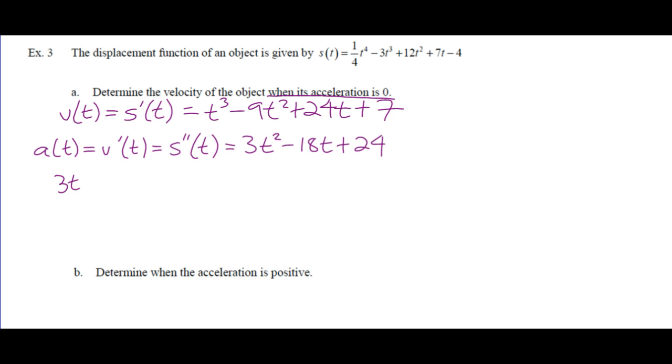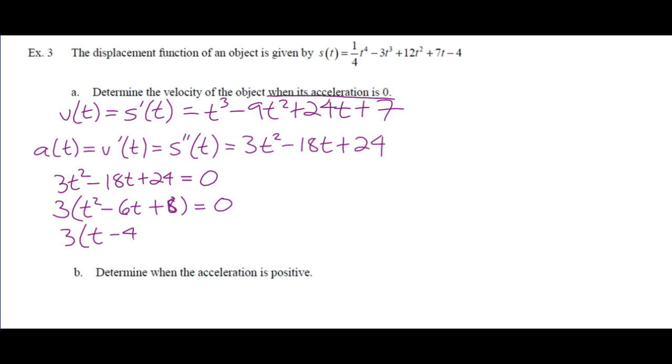So 3t squared minus 18t plus 24 is 0. Let's factor that: 3 times t squared minus 6t plus 8 equals 0. And what do we get? t minus 4 and t minus 2. So a is 0 when t is 4 or t is 2.